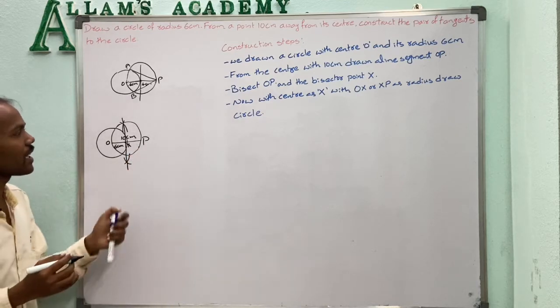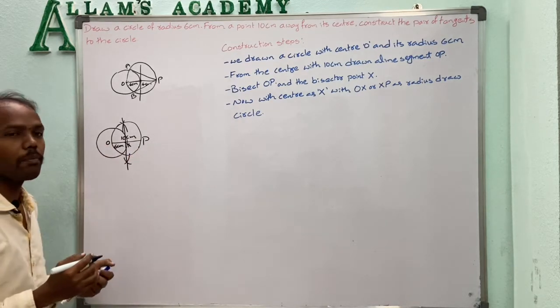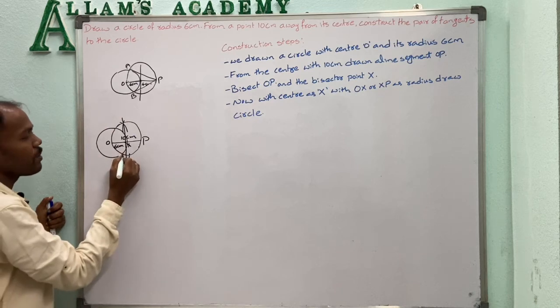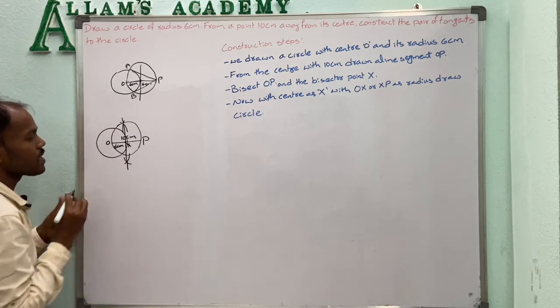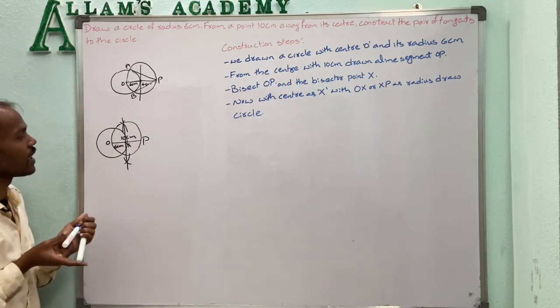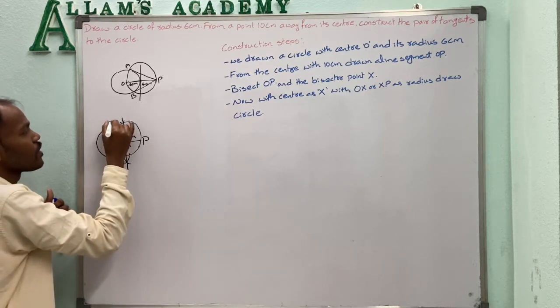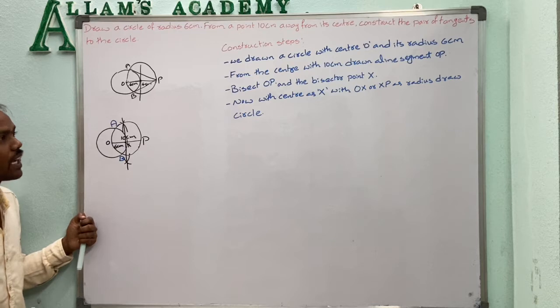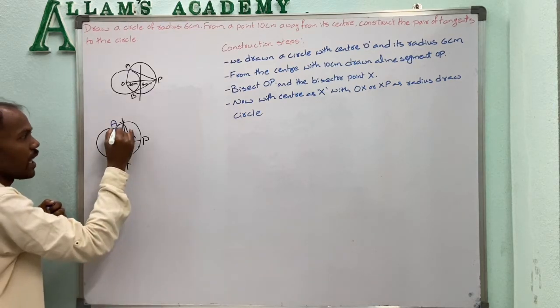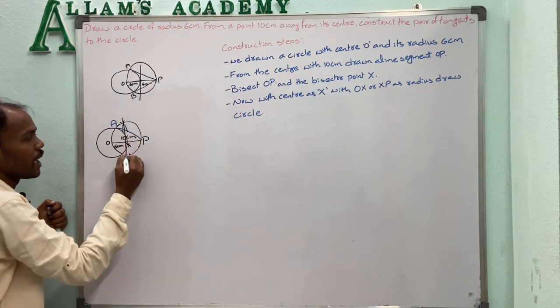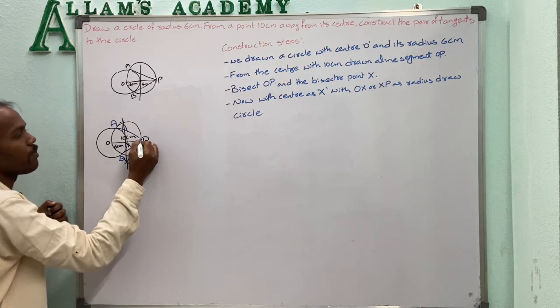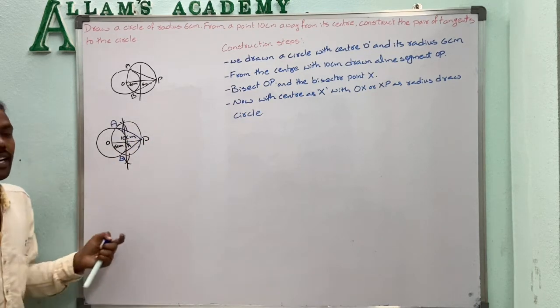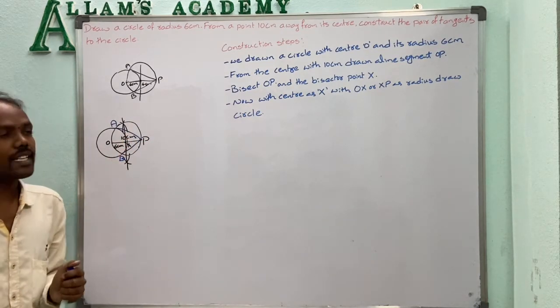The circle touches the points O and P. Where the two circles meet, we take the points as A and B. Now we join AP and BP. These two lines are our needed tangents.